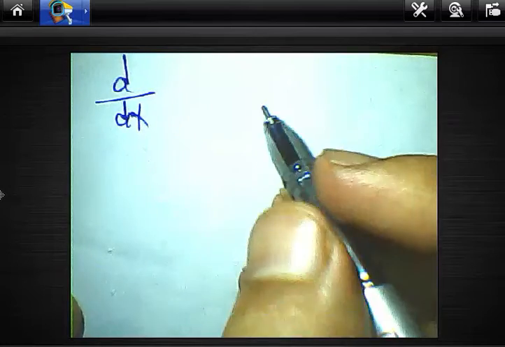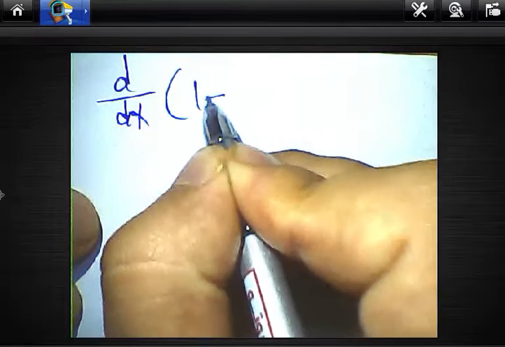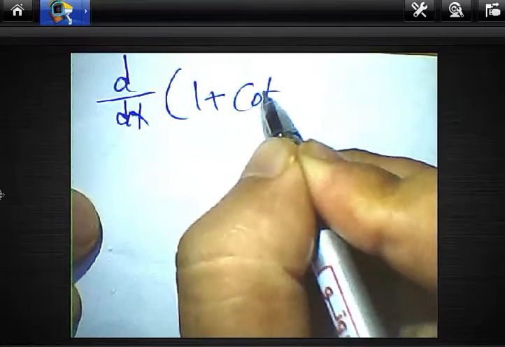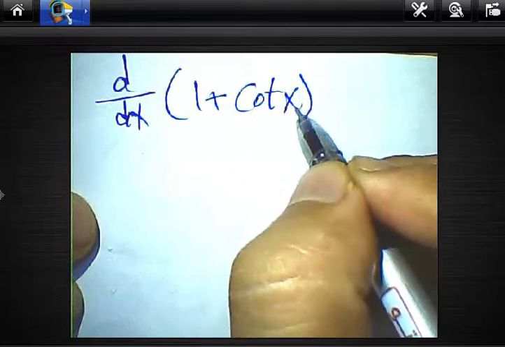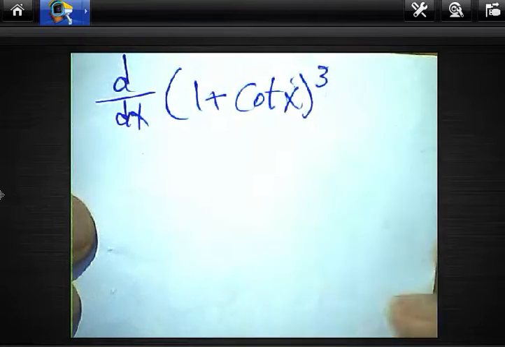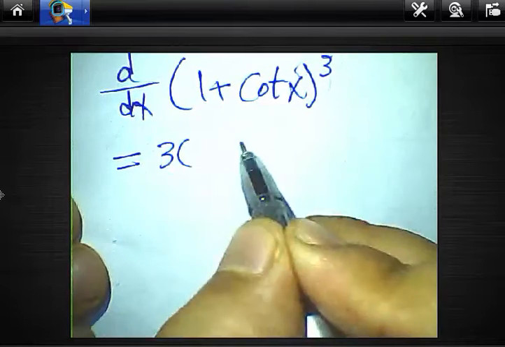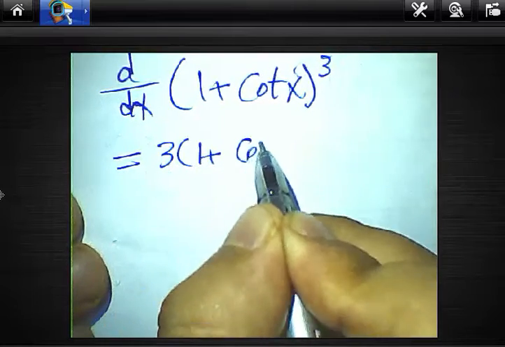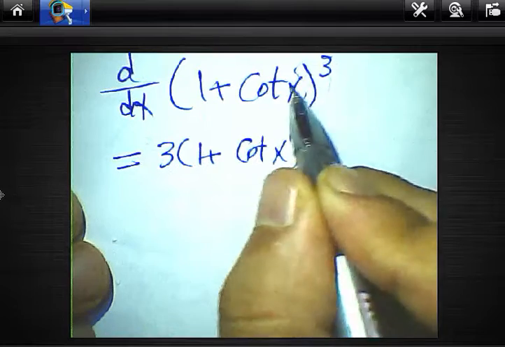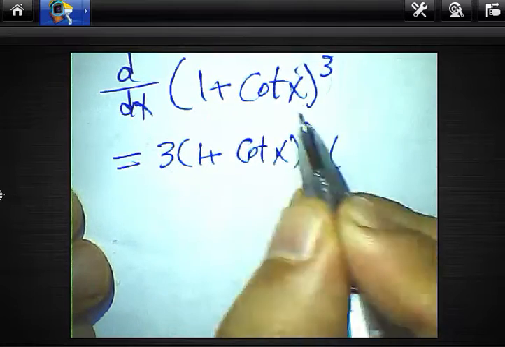Now we want to find the derivative of the function 1 plus cotan x, all this expression power 3. First we must drop the power outside, the result will be 3 times 1 plus cotan x, and subtract 1 from 3 will be 2, and then we find the derivative of this expression.